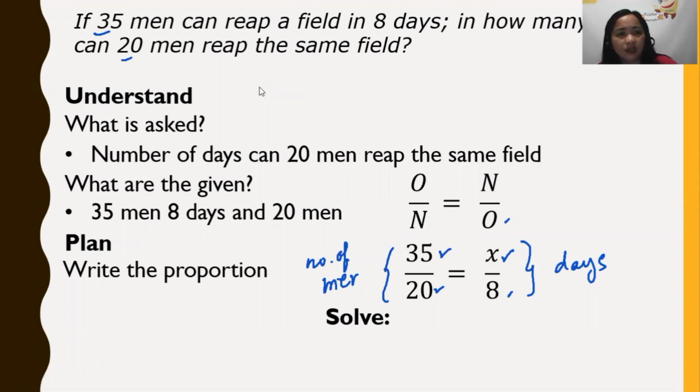Let us solve. Now, let's cross multiply. We have x times 20, we have 20x. And then we have 35 times 8. What is the answer? 280.